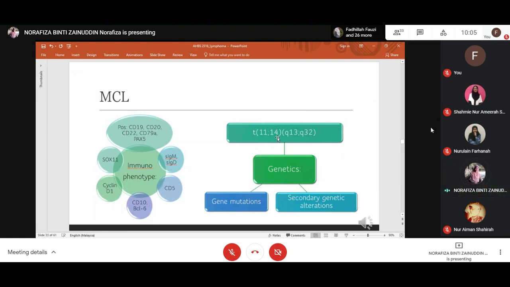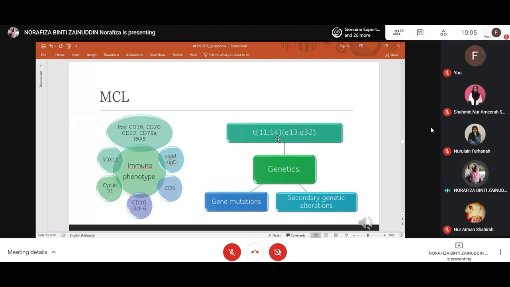Okay. 90% of MCL display highly altered genomes. There are gains and also amplifications, and also homozygous and heterozygous losses, apart from other non-recurrent chromosomal rearrangements.